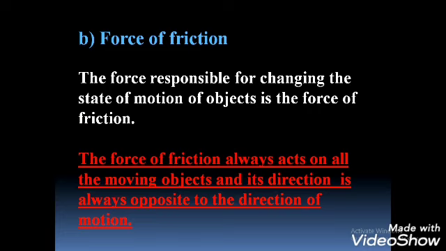In all moving objects there acts a force of friction and its direction is always opposite to the direction of the motion. What is this direction? It is opposite to the direction of motion of an object. Now we can move to the second type of force, non-contact forces.